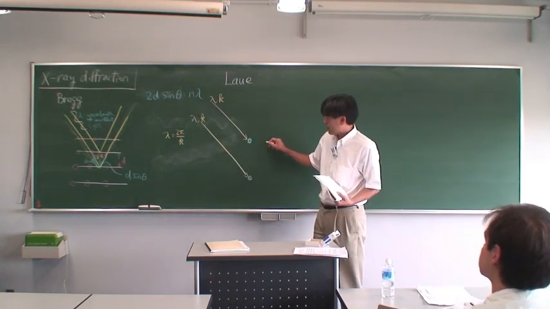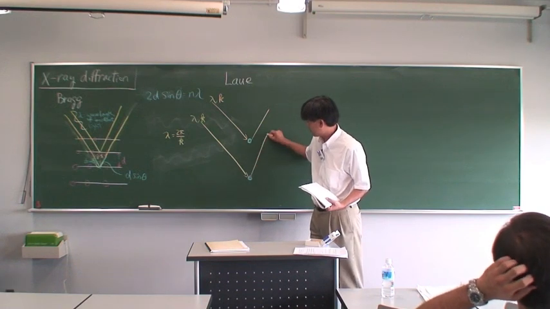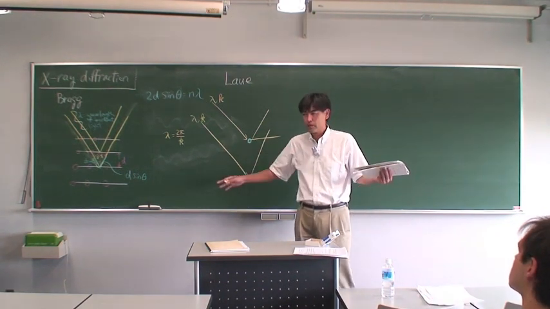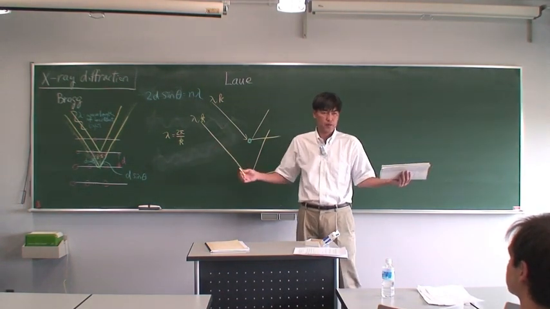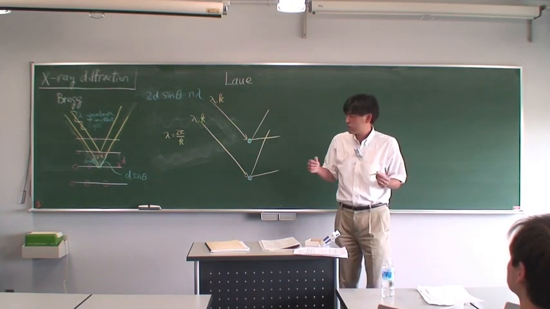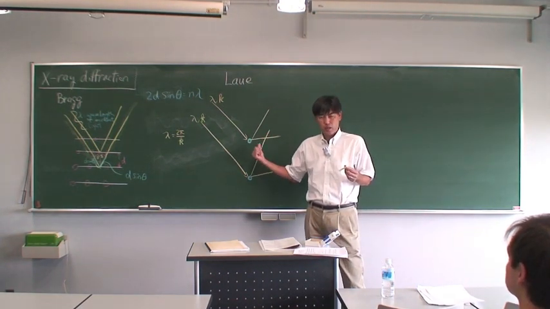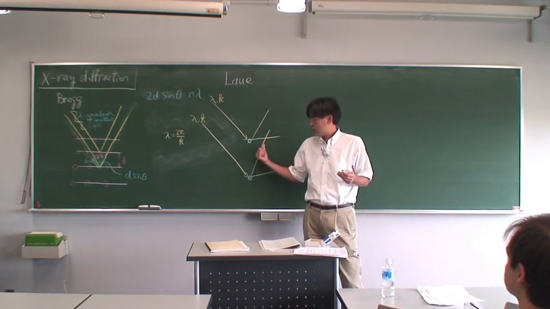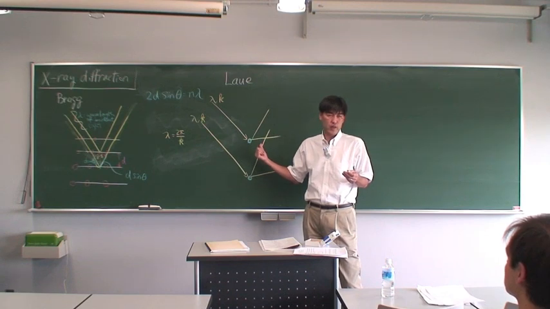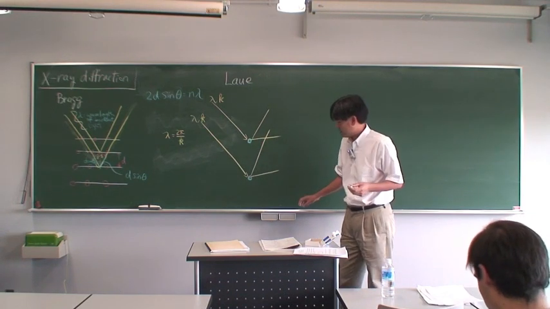The outgoing wave can go to here or here, either way. I mean, it can go 360 degrees, any direction. But what we want to find out is in which direction the diffracted light interferes constructively. Okay, this is what we want to find.